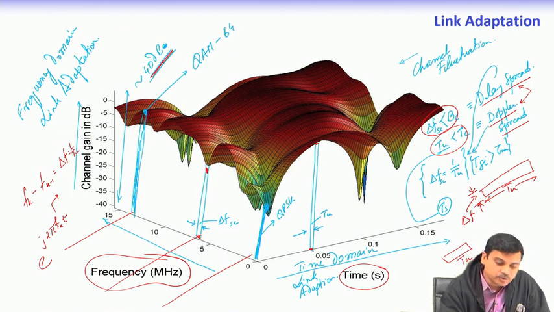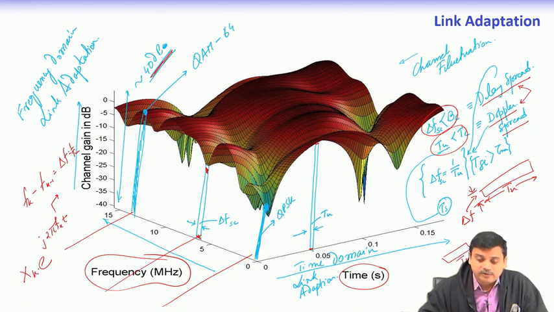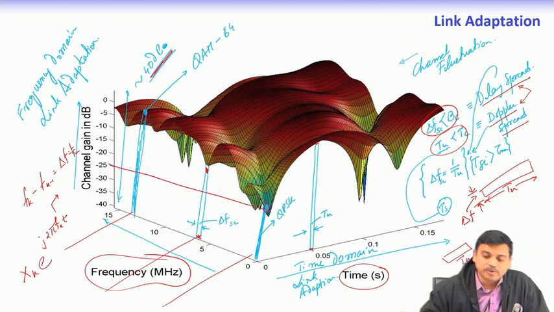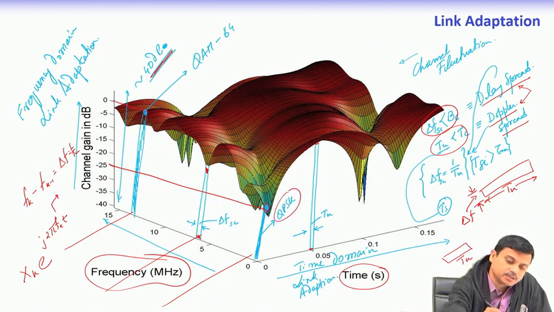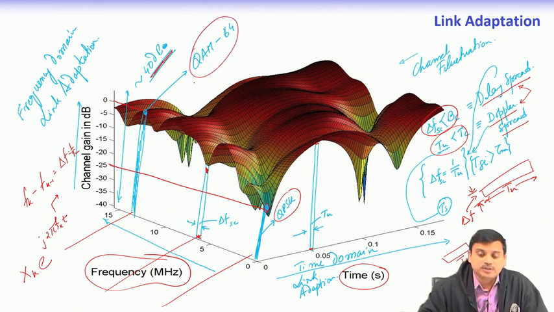So, one can choose to use a different modulation on each of the subcarriers, and clearly from this picture we had explained that whichever subcarrier experiences a low signal to noise ratio can be given a lower order modulation, whereas the subcarrier which experiences a higher signal to noise ratio can support a higher order modulation.